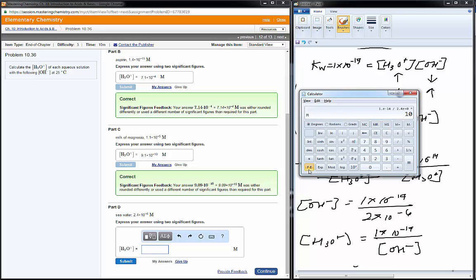Divide that by 2.4 times 10 to the negative 6th, and I get 4.17 times 10 to the minus 9th.